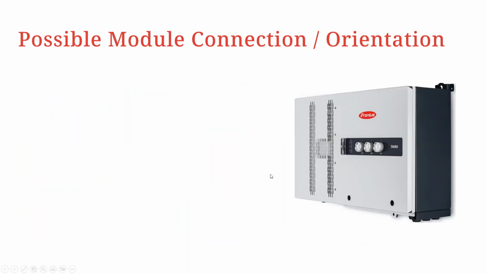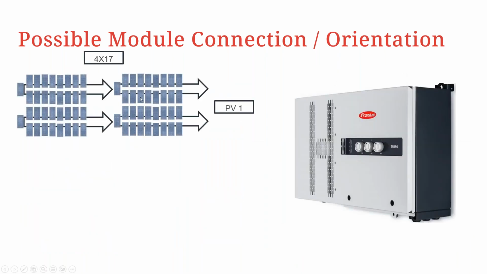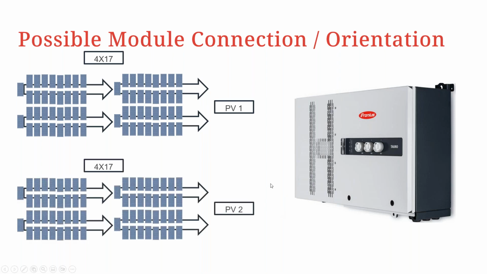Going forward, same thing can happen for a Tauro. So we can have something like this, 4 strings of 17 modules each, connected directly to MPPT1 or input 1, and then same thing for input 2 or MPPT2.